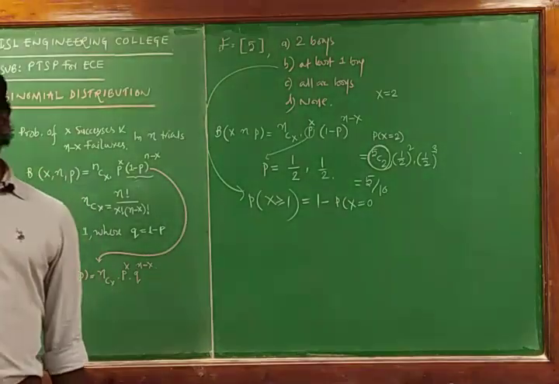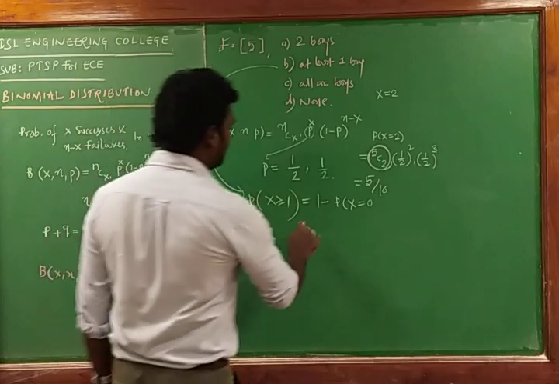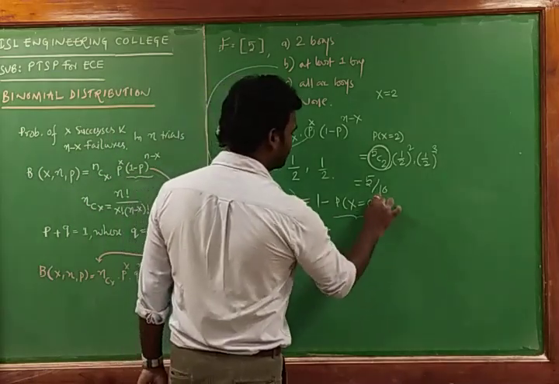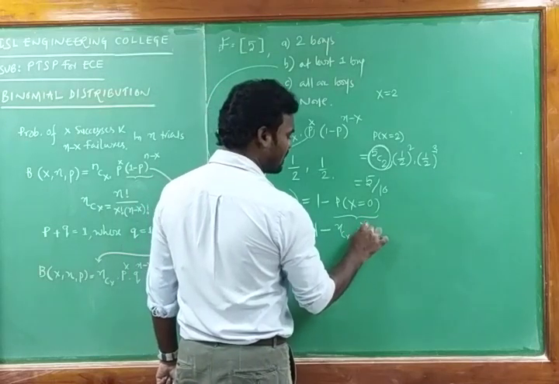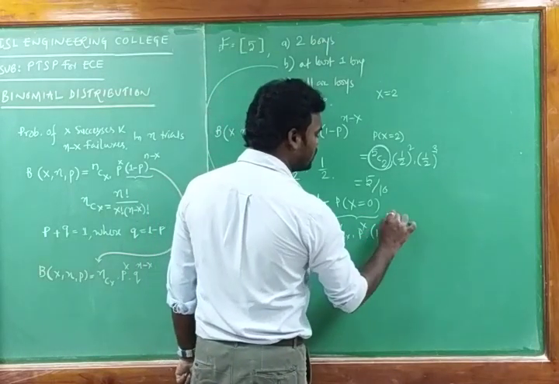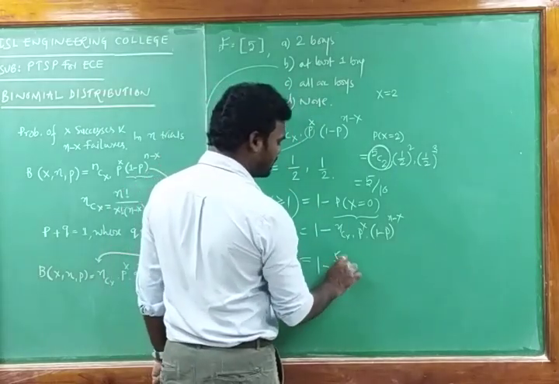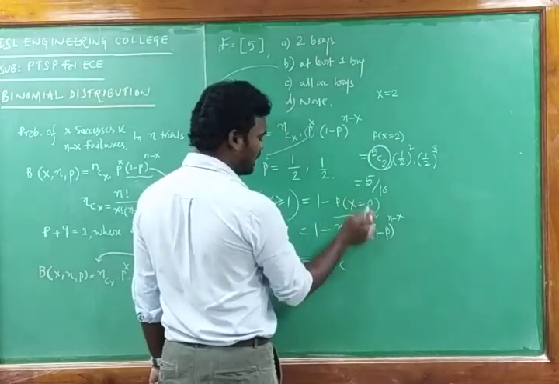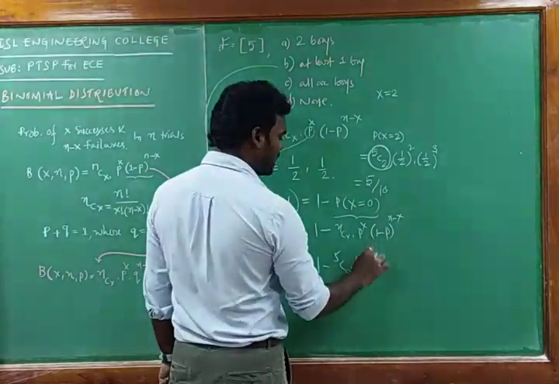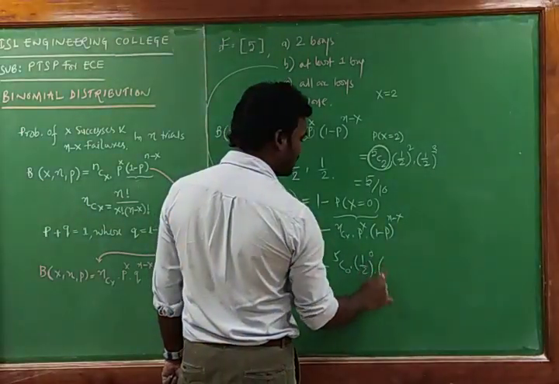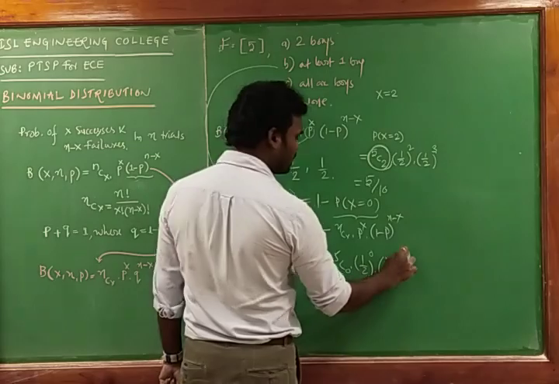Probability of x equals 0, so you can go with the formula, that is 1 minus nCx into p to the power of x into 1 minus p to the power of n minus x. That is 1 minus, n is 5, C, and x is equal to 0, p is equal to 1 by 2, and again 1 by 2, and n is 5 minus 0, this is 5.